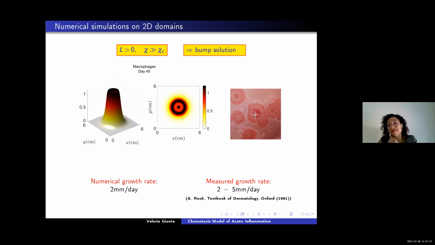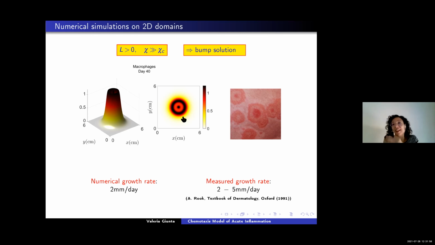No, because here we use a domain which is linear, even if it is not the right word. In the skin, macrophages and also the other molecules are not free to diffuse and move freely.